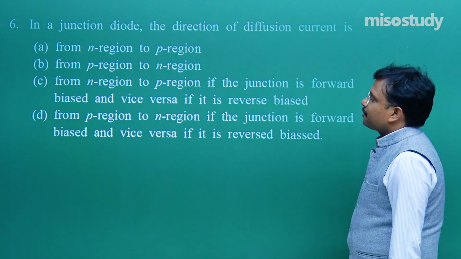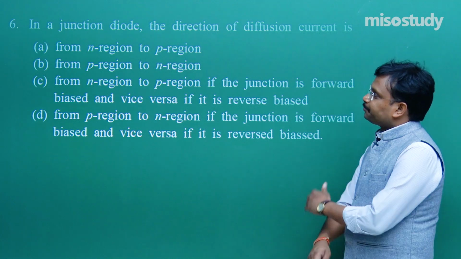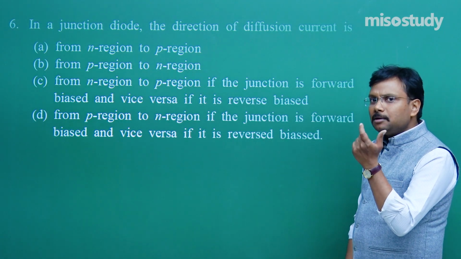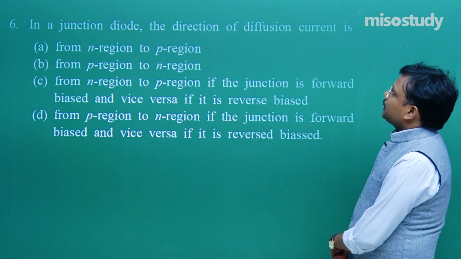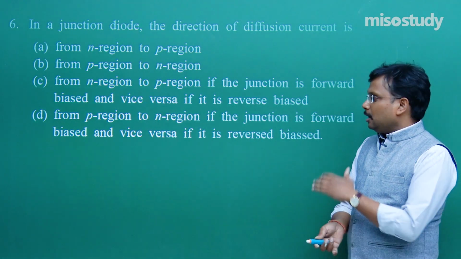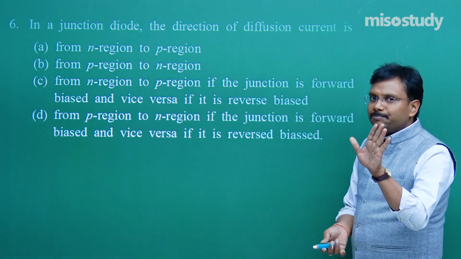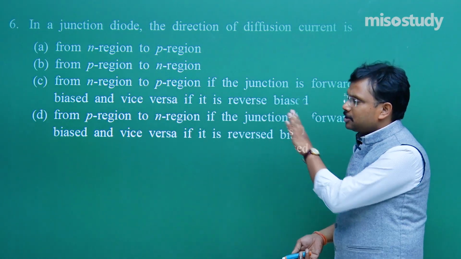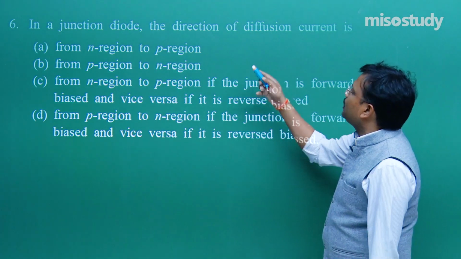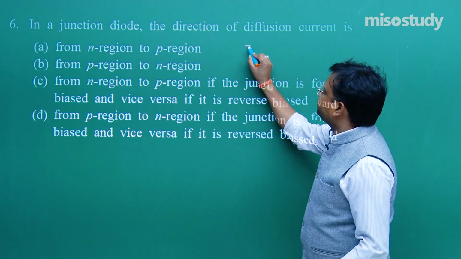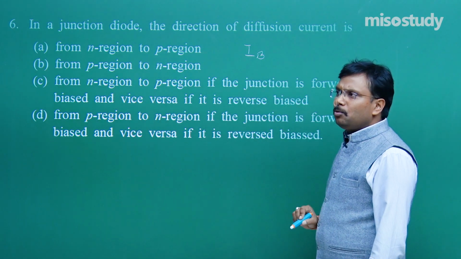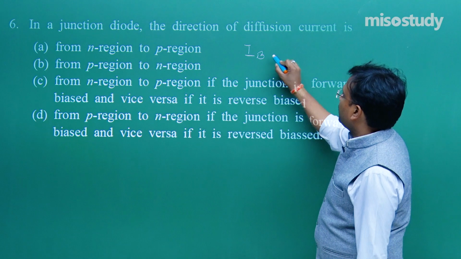Now, here comes another question. In a junction diode, yes, about PN I am talking, the direction of diffusion current is what? There are a few currents I would like to mention in a junction diode, but because you have completed that chapter, if I am saying IB, base current, you know, yes, base current is fine.